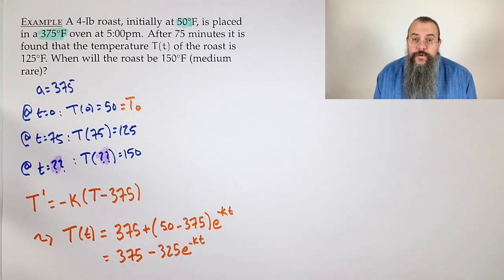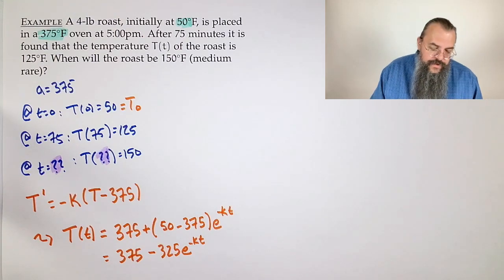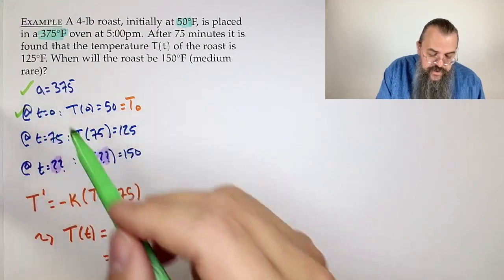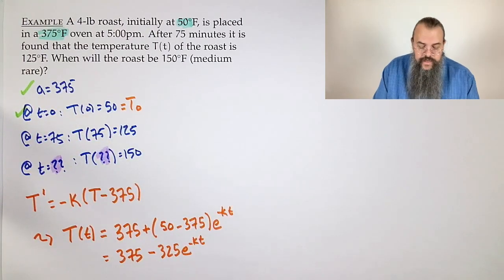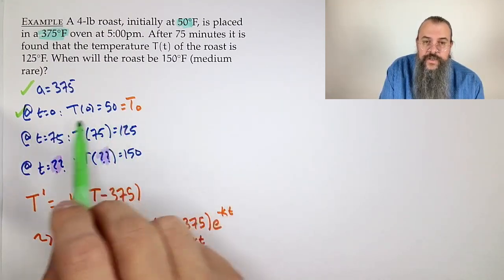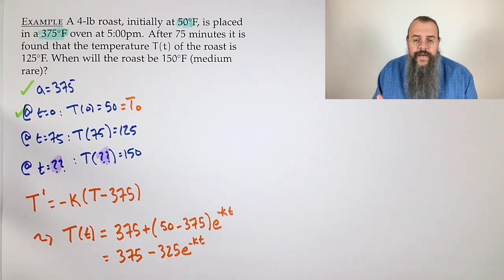What do we want, and what have we used? Let's mark what we've used. We've definitely used our ambient temperature 375 and our initial temperature 50. We haven't yet used our temperature at 75. Why would we need that?